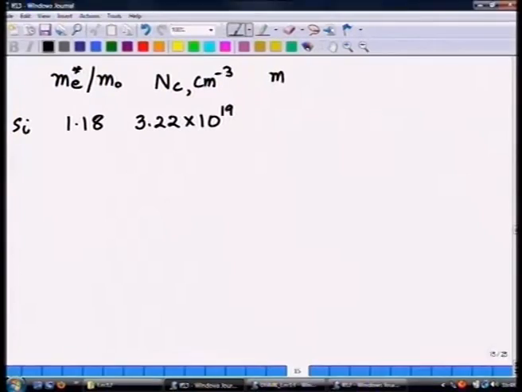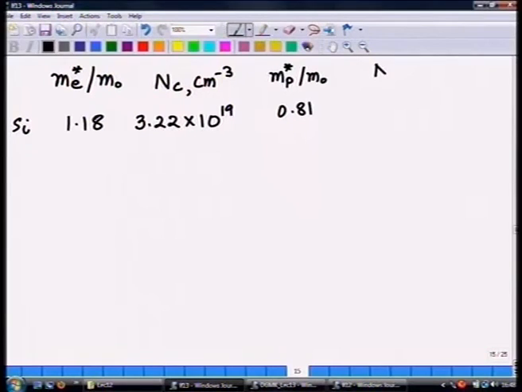And if I look at the whole effective mass for silicon, then that is 0.81 only. That means hole behaves lighter in silicon than does the electron, and therefore, if I calculate Nv in units of per centimeter cube, then this number is 1.83 into 10 to the power 19. What do you see?